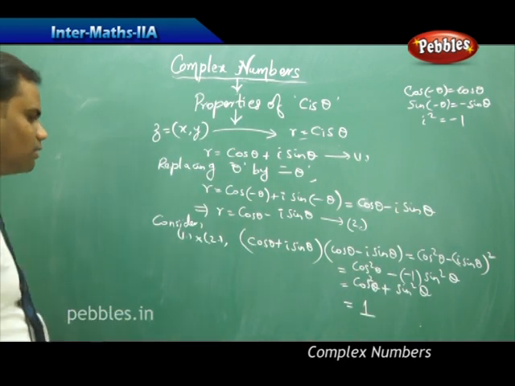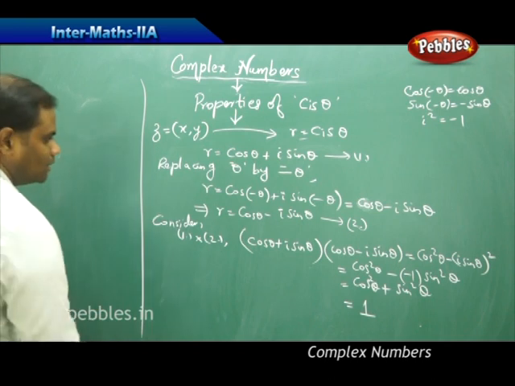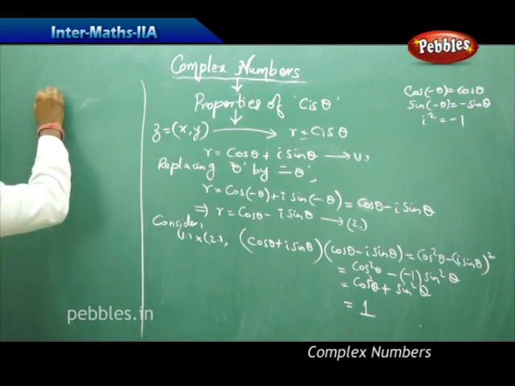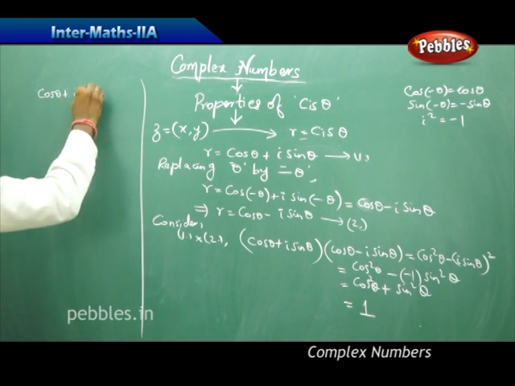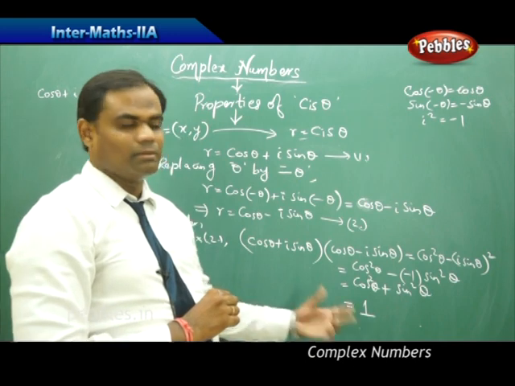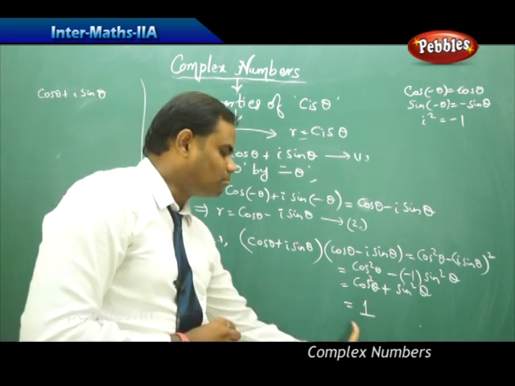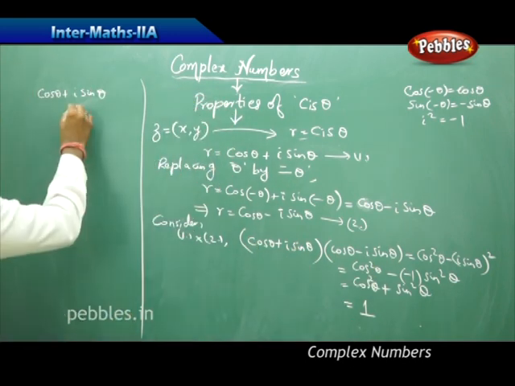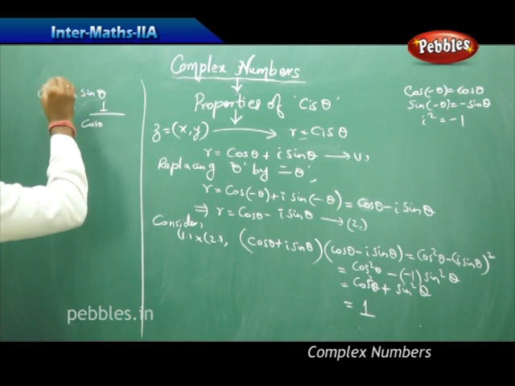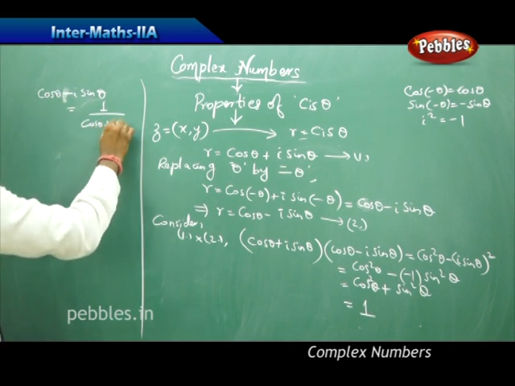And therefore I observe here that cos theta plus i sin theta times cos theta minus i sin theta equals 1, which implies this equals 1 by this. That is, cos theta minus i sin theta is 1 by cos theta plus i sin theta.